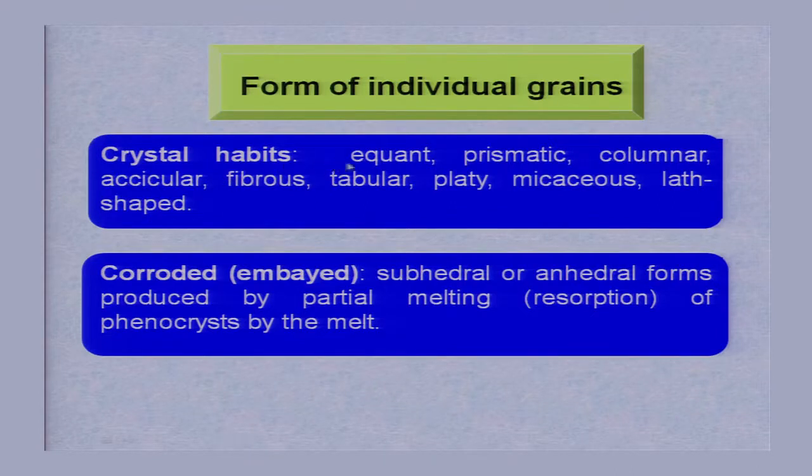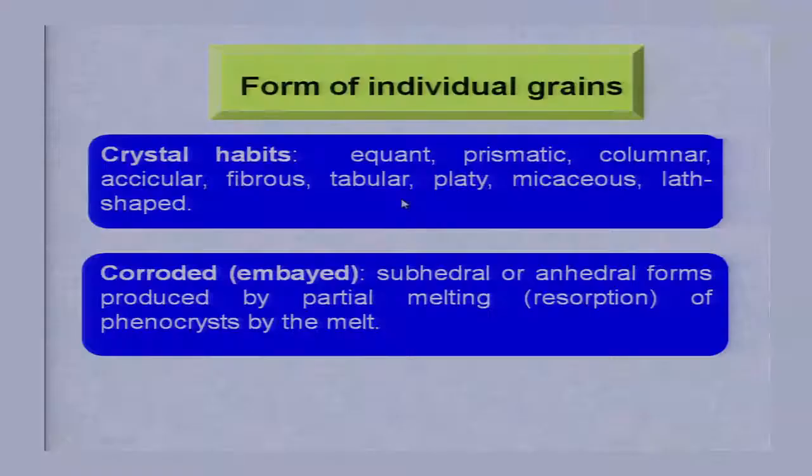The crystals may be equant. Equant means they are equally developed all along the three axes A, B, C. Other habits are prismatic, columnar, acicular, fibrous, tabular, platy, micaceous, lath shaped. These are the common crystal habits commonly associated with igneous rocks.